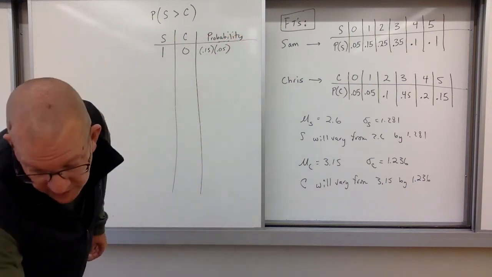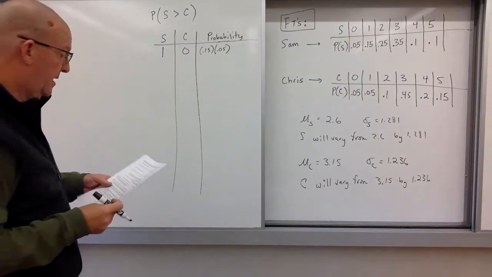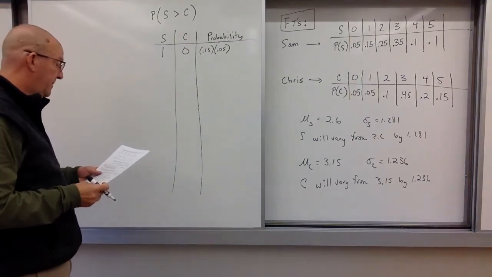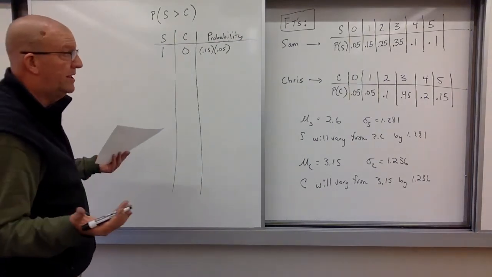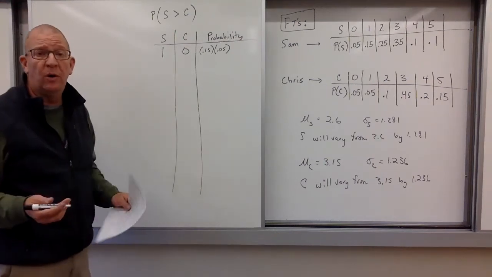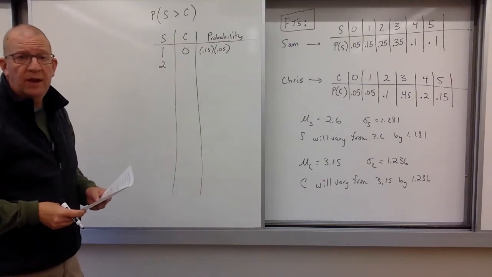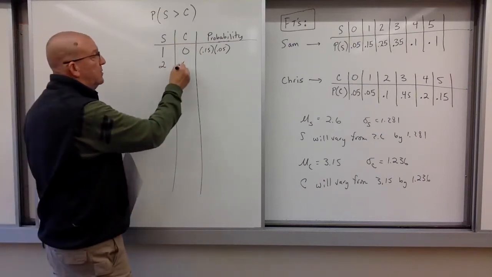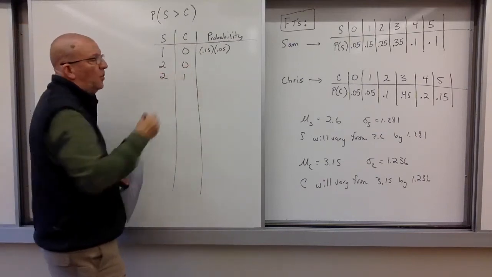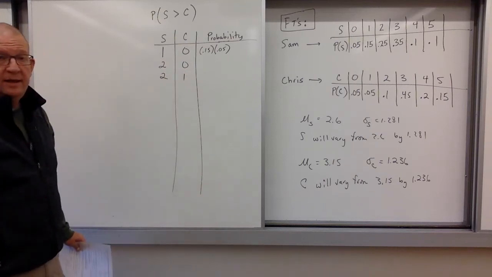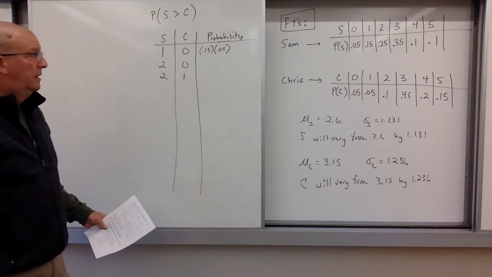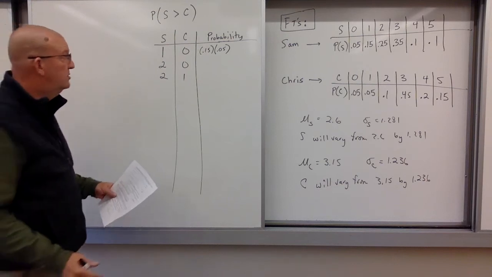Let's see what else we can do. How else could Sam win? That's the only way Sam can win by scoring one free throw. How about if Sam scores 2 free throws? Sam wins if Chris gets 0 or if Chris gets 1. Let's do those probabilities.